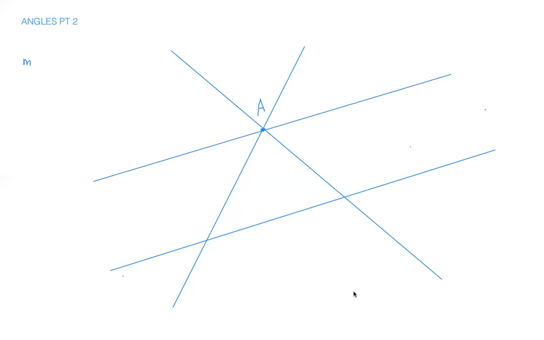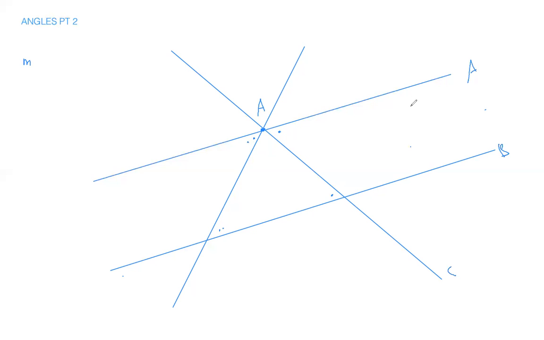Now, we also see that this line, maybe we should label it line A, line B, line C. Now line C cuts through both A and B. We just learned that this angle is equal to this angle, and that this angle is equal to this angle, as long as line C is intersecting 2 parallel lines.